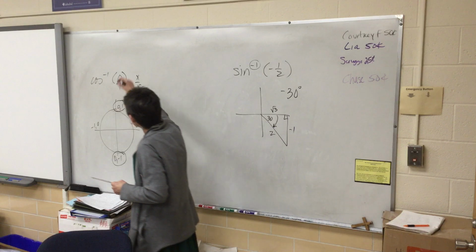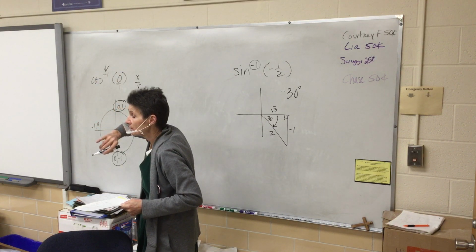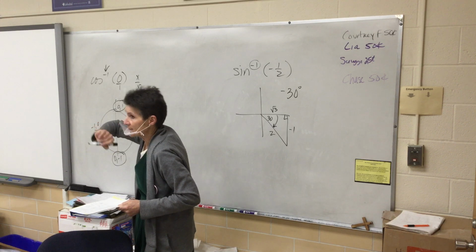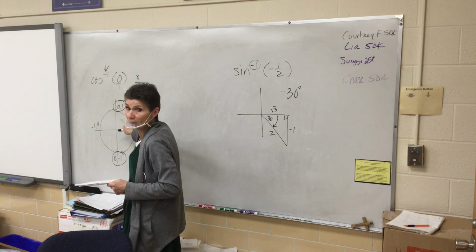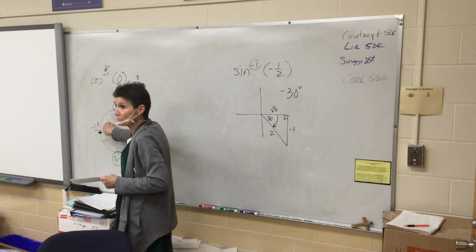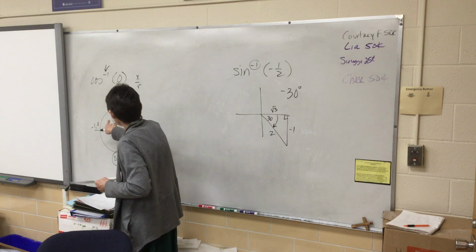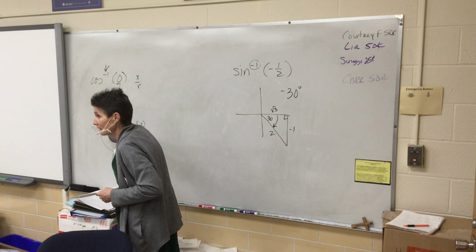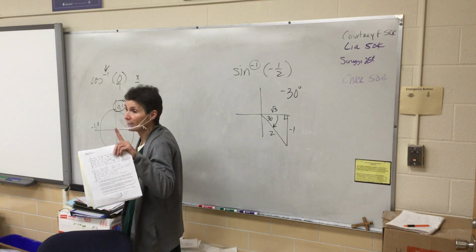But remember, with this notation, there are rules. The rules say that if this number is positive, you're in quadrant 1, but if you're negative, you're in quadrant 2. So if this function is defined in quadrant 1 and quadrant 2, then which answer am I going to pick? Because I only get to pick one.